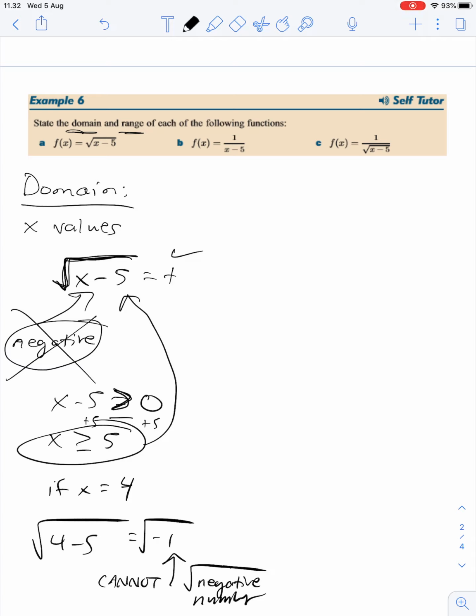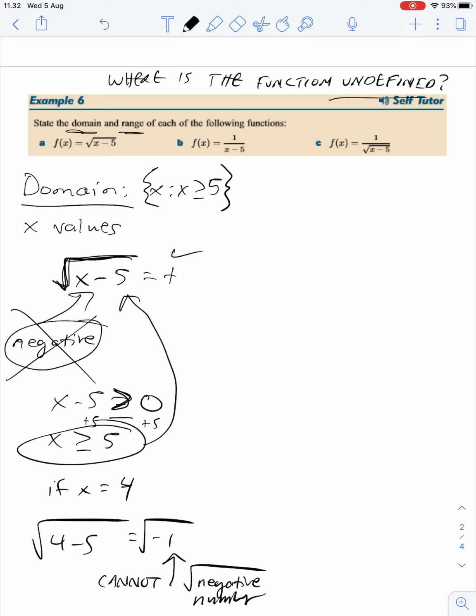So our domain here is all the values of x such that x has to be 5 or greater than 5. So basically you're asking yourself, where is the function undefined? Okay, that's the domain. We're doing just A here.